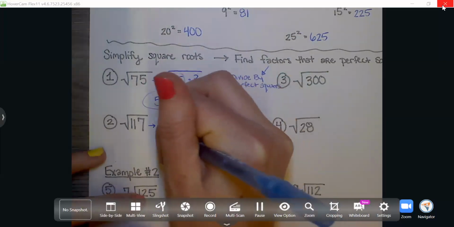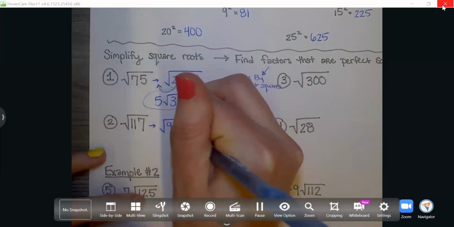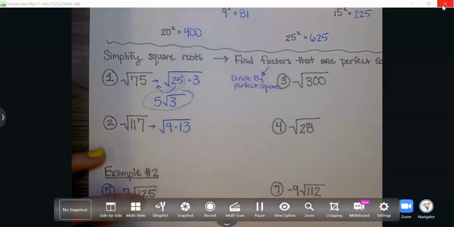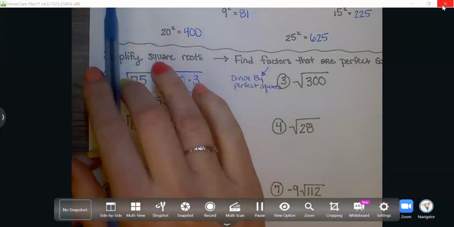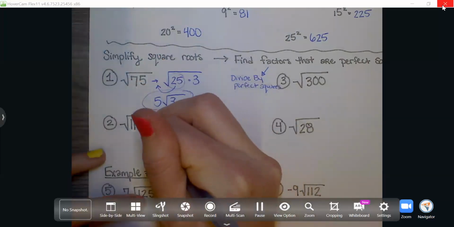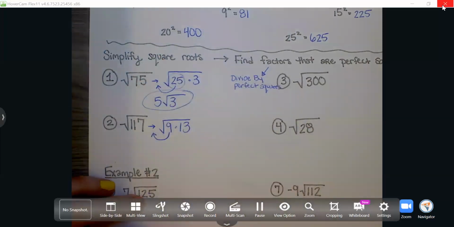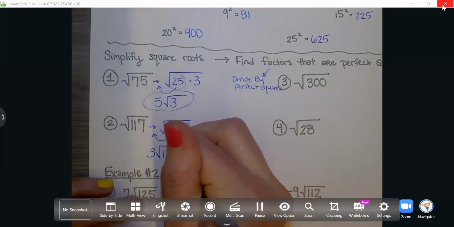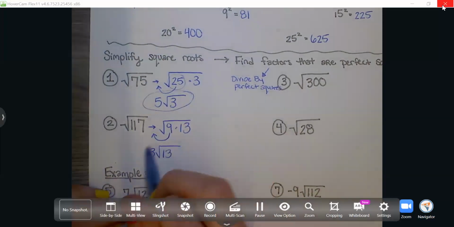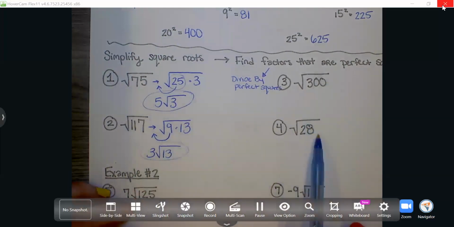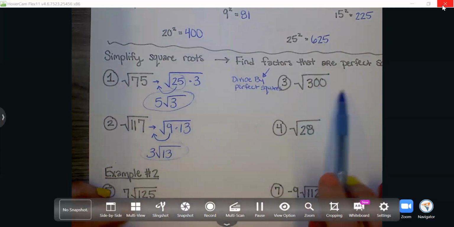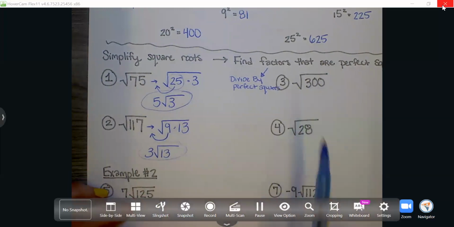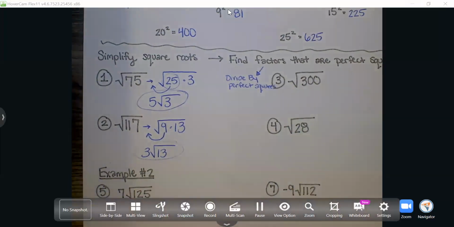I'm going to rewrite this as 9 times 13. 9 is a perfect square up in my perfect square list, so it can come out of the square root jail. And once I do that, I take the square root of 9, which is 3, and that 13 is left inside. So now you can see if you can do number 3 and number 4. See if you can reduce number 3 and number 4.